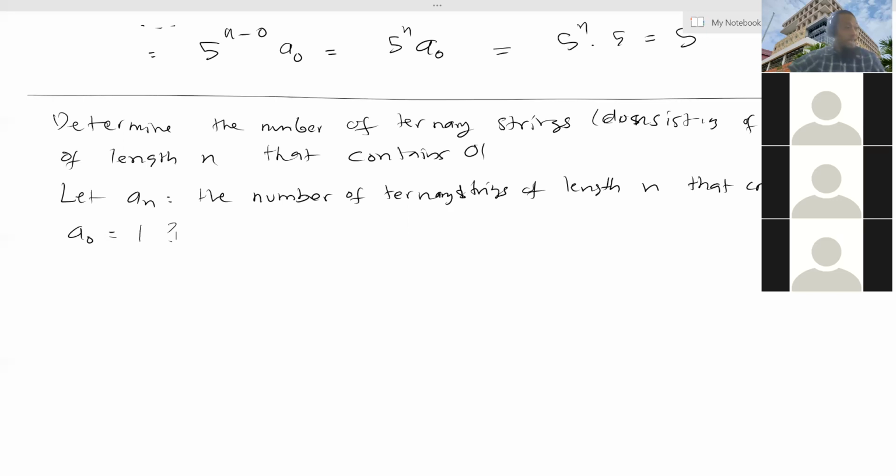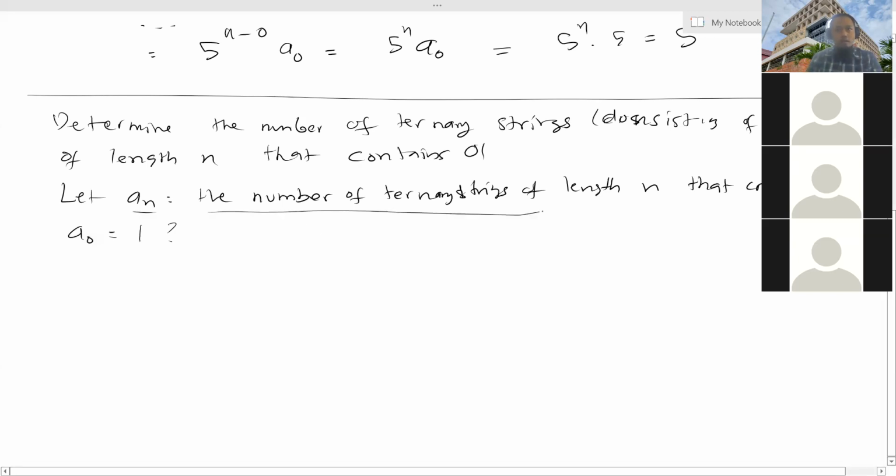All right, but then let me ask a question. Does that empty string contain 0, 1? No. So does it mean that a_0 is 1 or a_0 is 0? It's still 1. Remember, a_n is the number of ternary strings of length n that contains 0, 1.